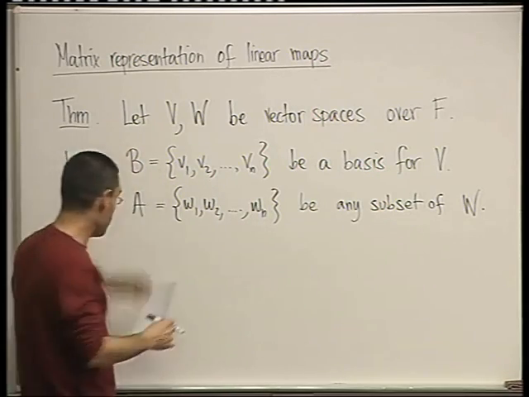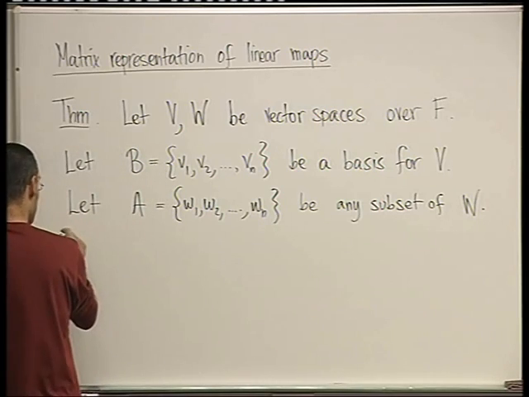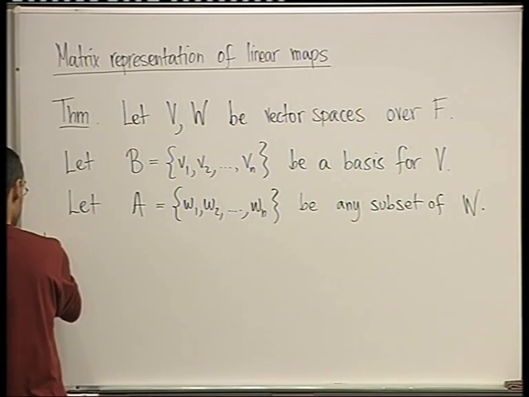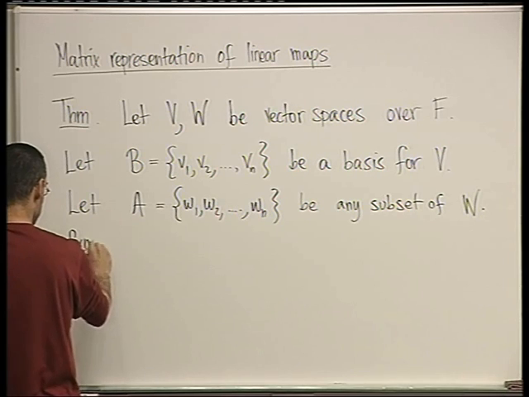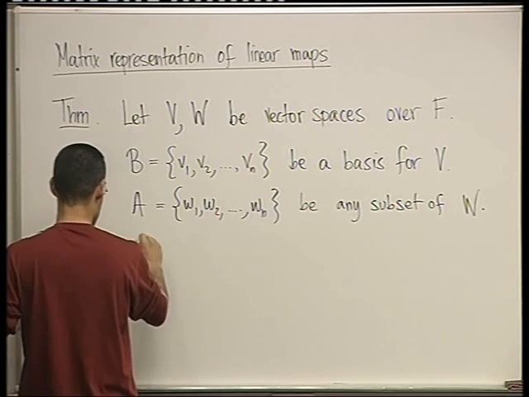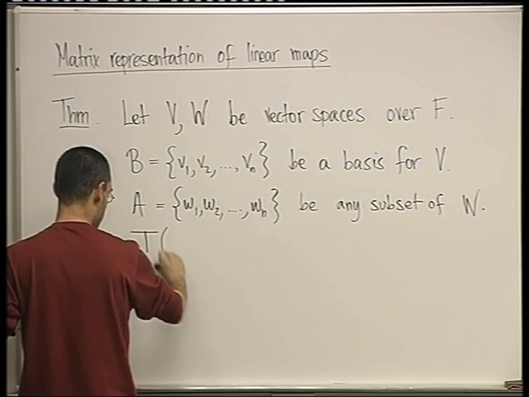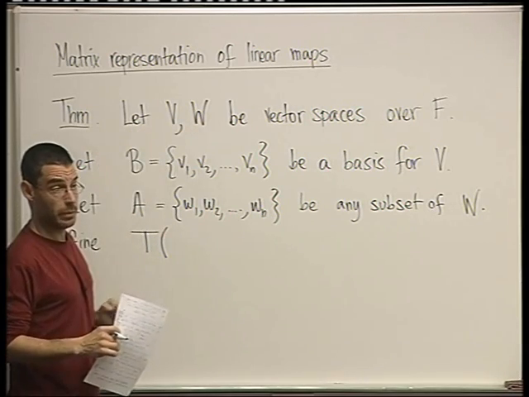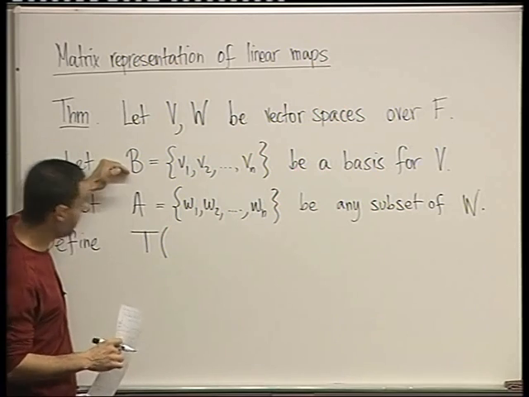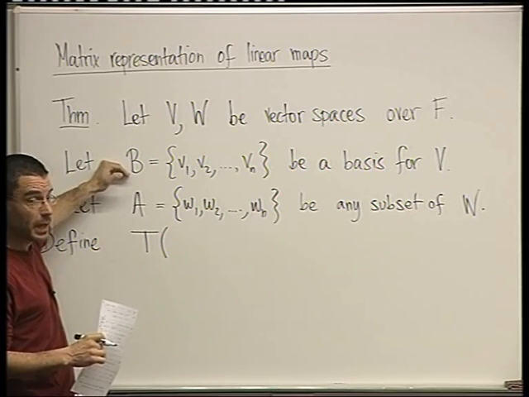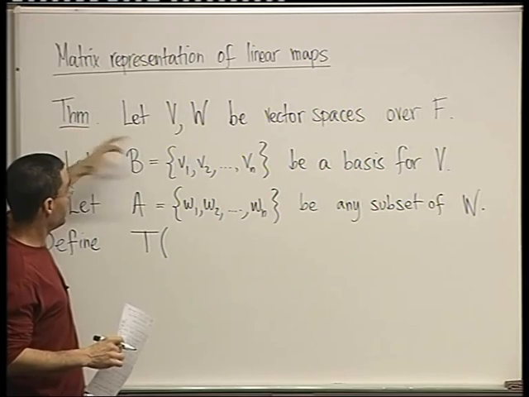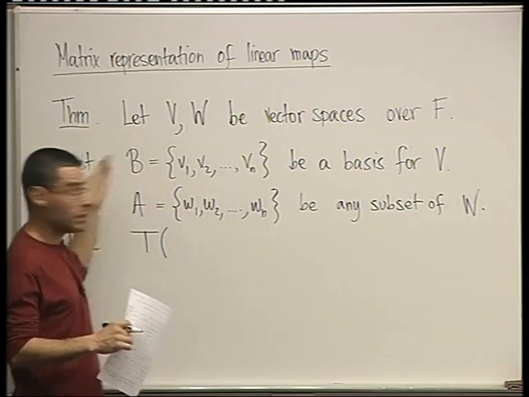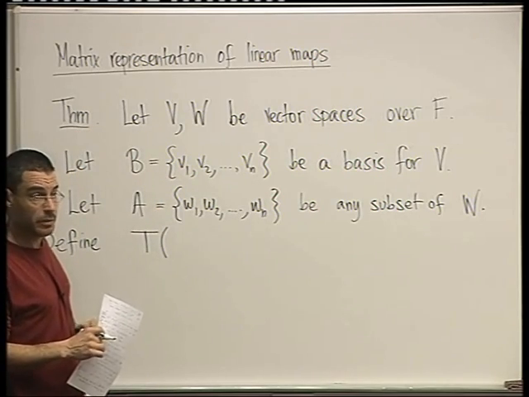Okay? Why? So this is going to be the reason. Define T. So I want to define a linear transformation between V and W. Okay? I have a basis B for V. So any element in V is a linear combination of these basis elements, right?